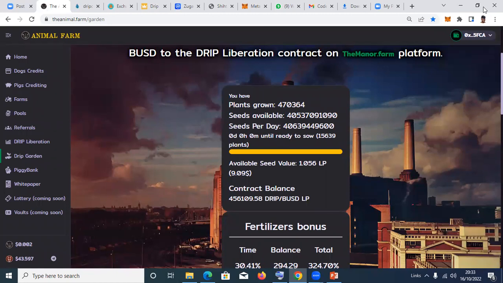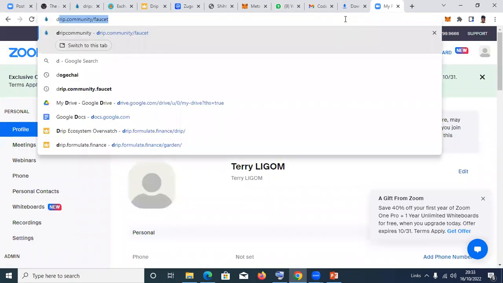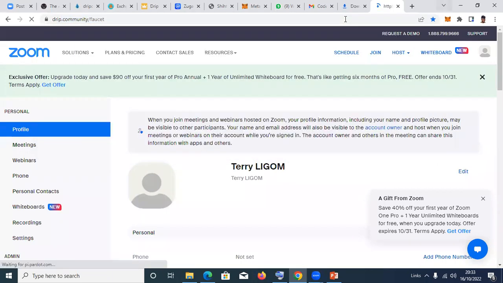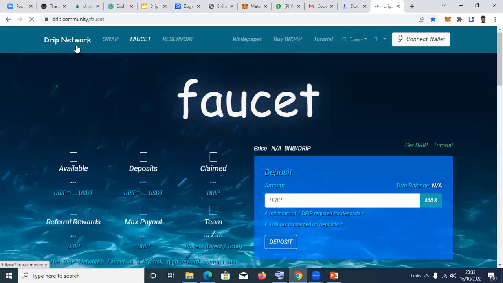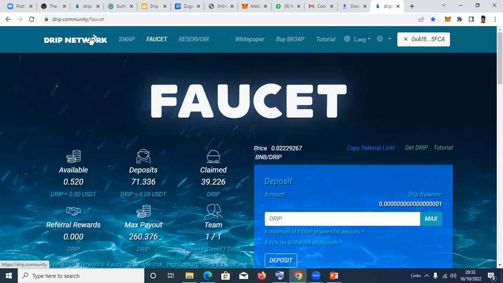So on the DRIP network, the first place to go is drip.community. So on drip.community, you have the DRIP network itself. So on the DRIP network website, this is a DeFi and a gaming decentralized system.